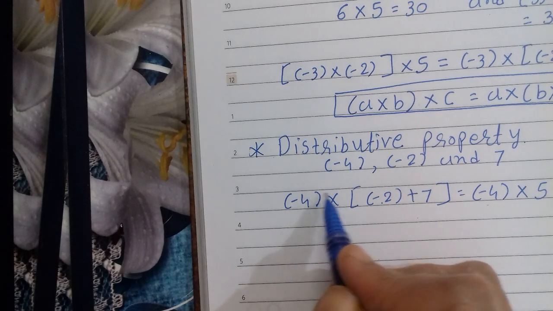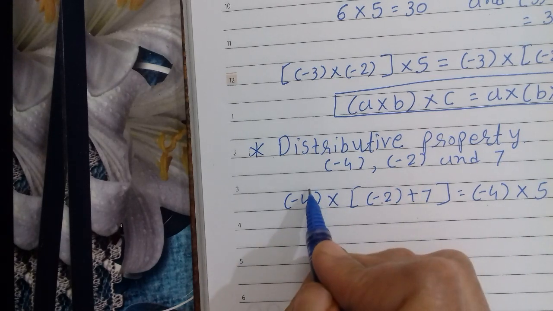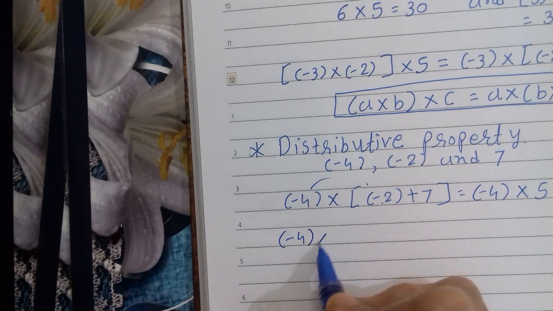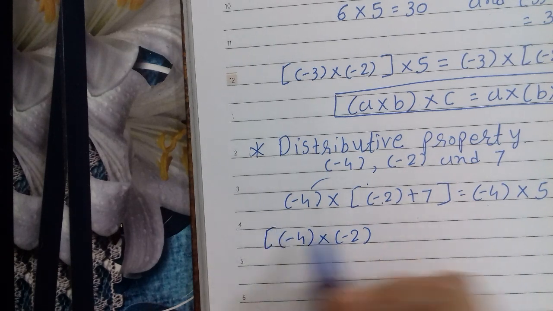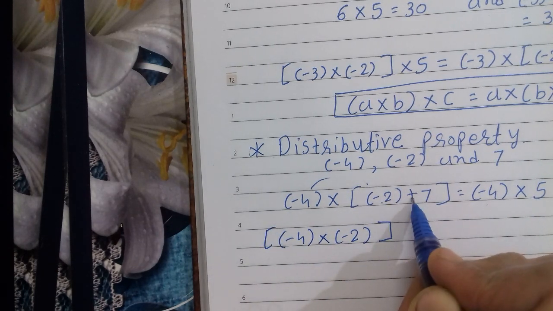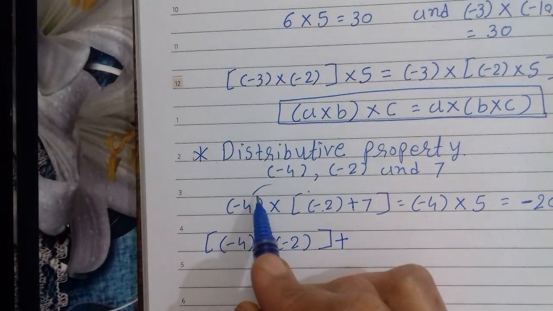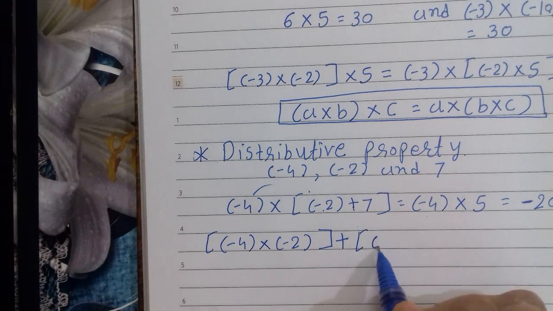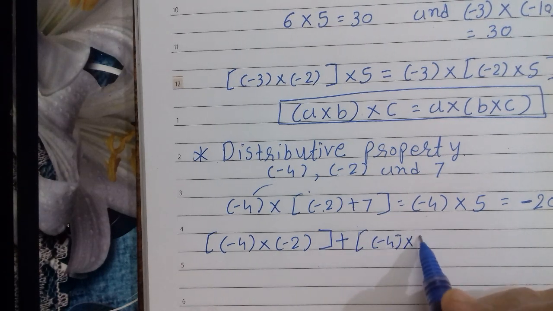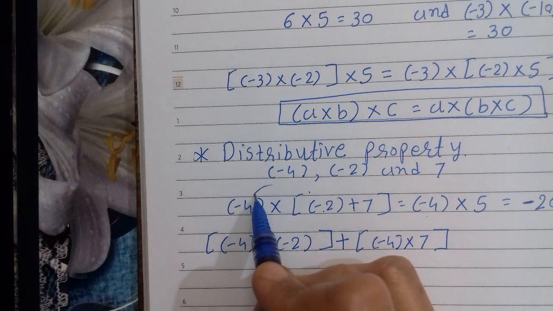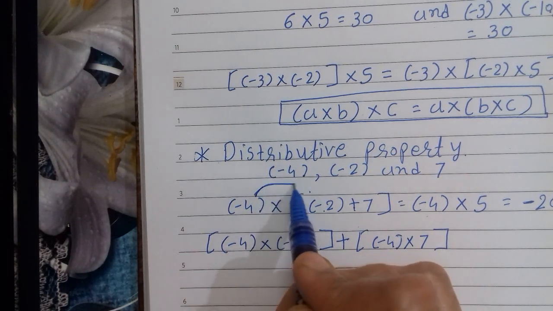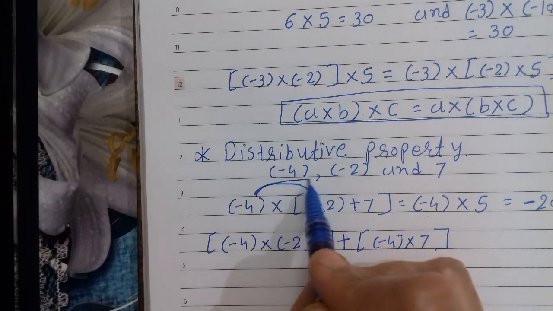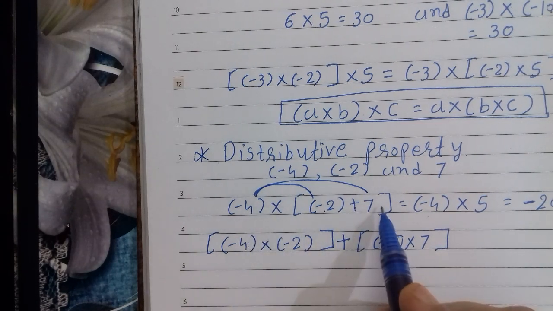Now we will distribute this bracket. In one bracket write minus 4 into minus 2, and in second bracket write minus 4 into 7.